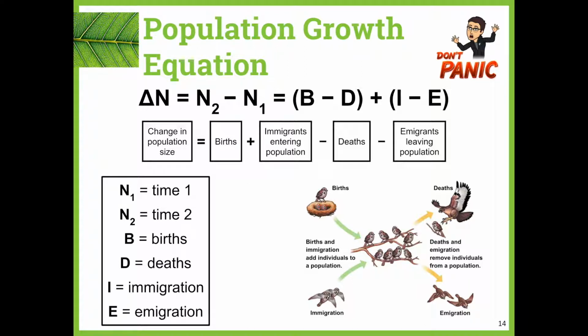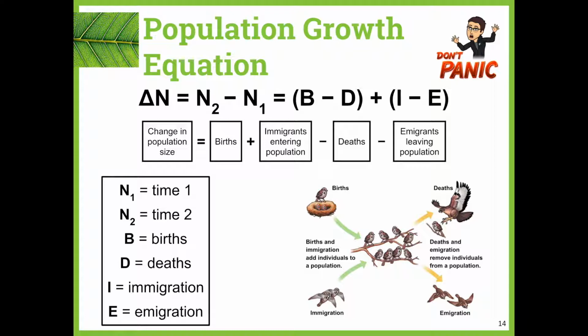So we define a population size as a letter N, capital N, and the change in a population size over a given time interval as delta N, where the Greek letter delta, which is written as a triangle, means change in.